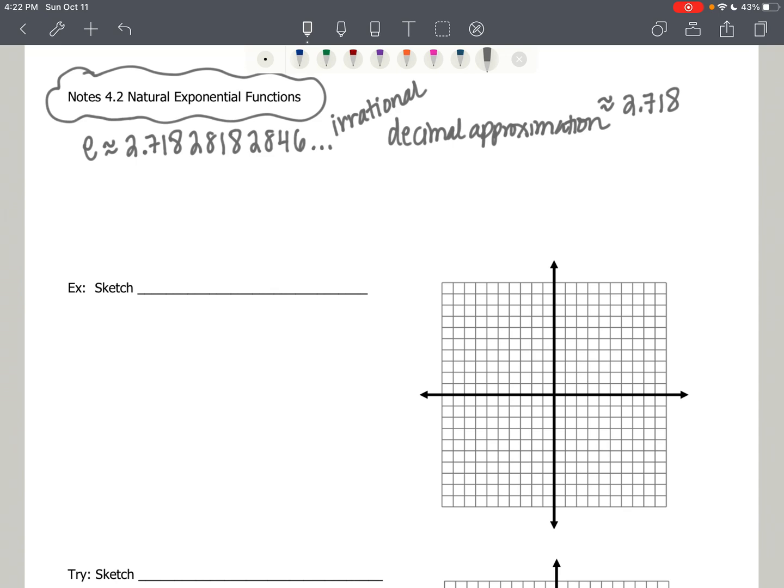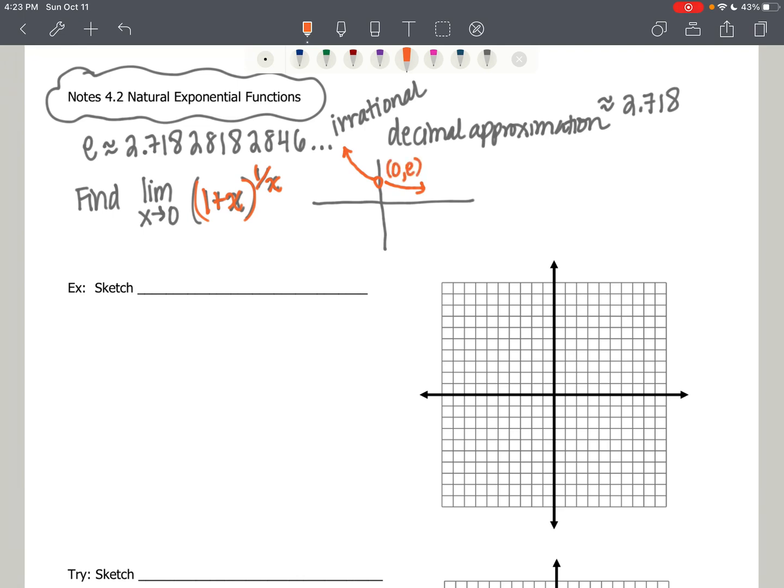Now, where does the value e come from? If you were to find the limit as x approaches 0 of 1 plus x raised to the 1 over x, you would find that the function 1 plus x raised to the 1 over x looks something like that, and you would have 0, e.